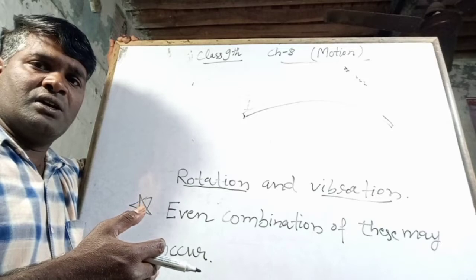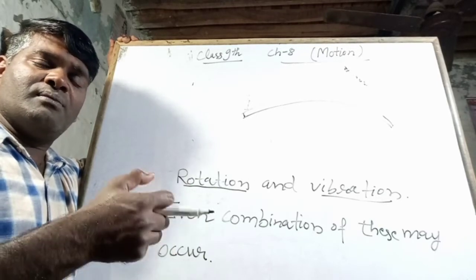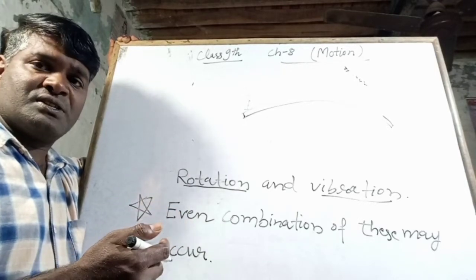So the strings vibrate and then they produce the melodious sound. So we have discussed different types of motion.